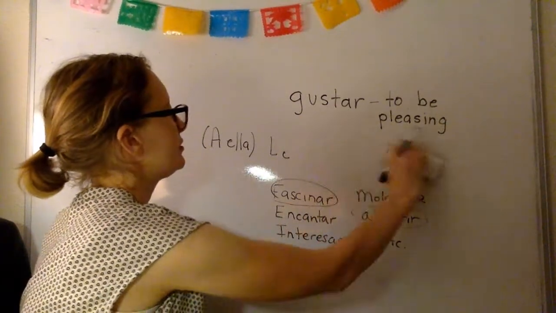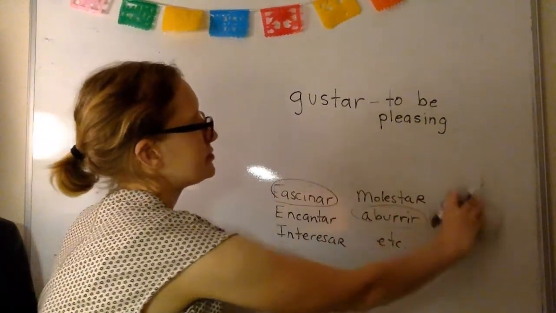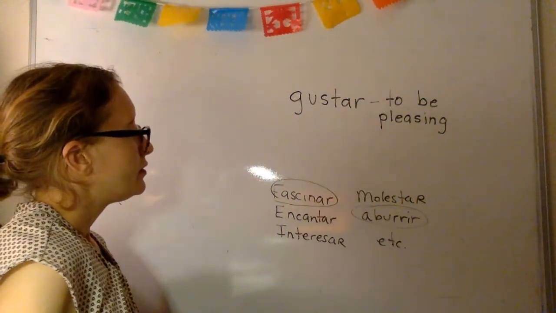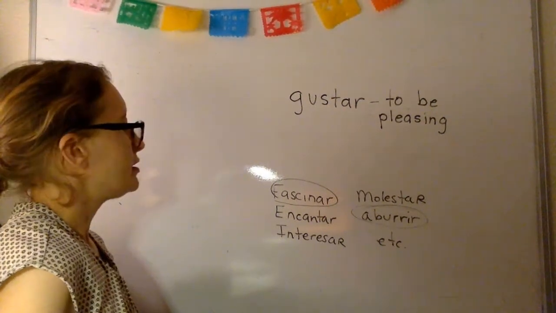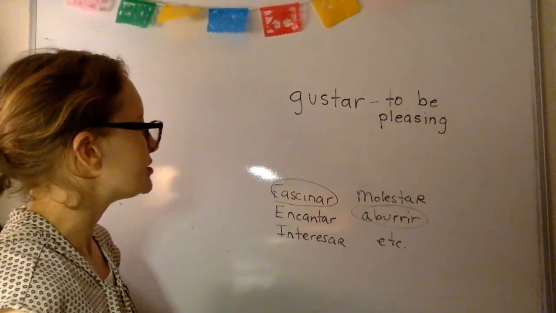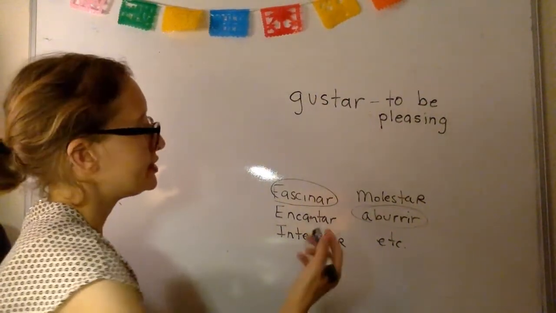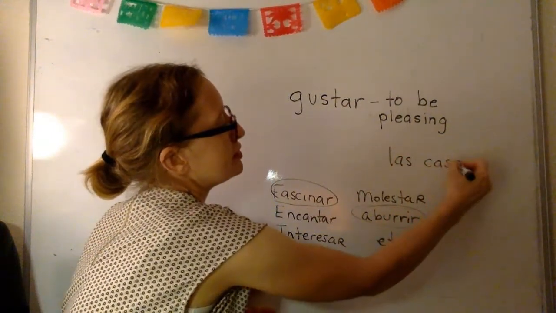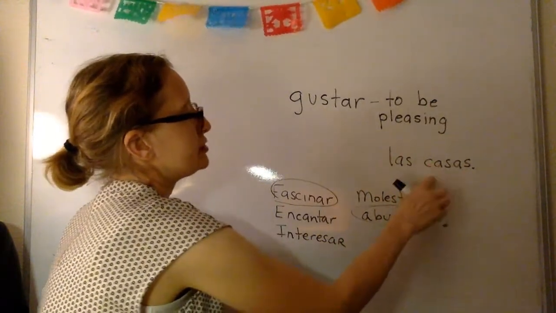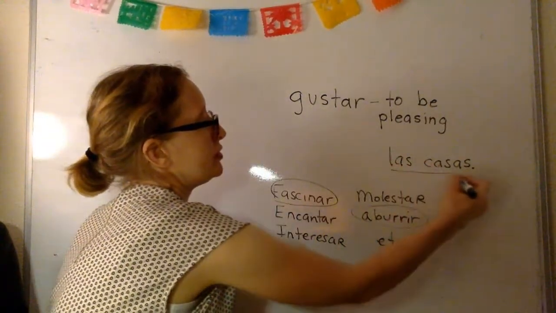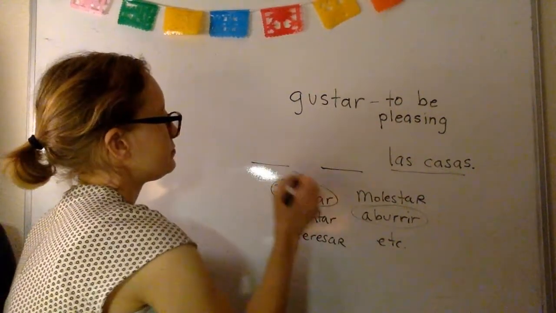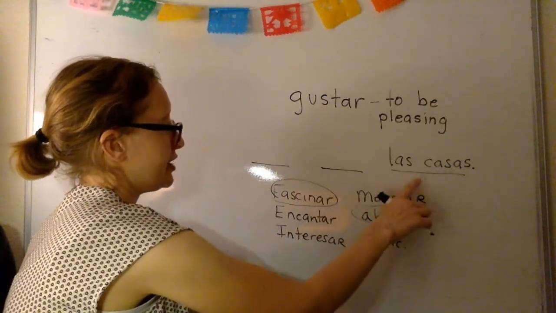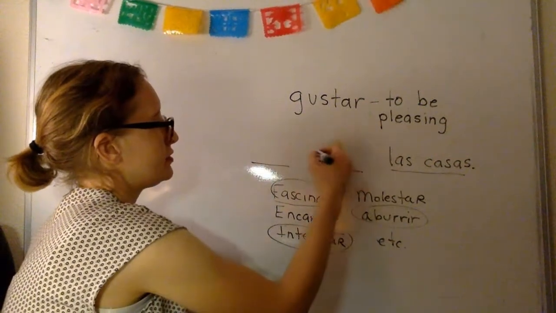And let's try a different one. Let's try you, the informal you. Let's see, the books. Well, actually, let's do houses. The houses are interesting to you. So you probably know las casas, houses, and then we're going to work backwards. Houses are interesting to you.